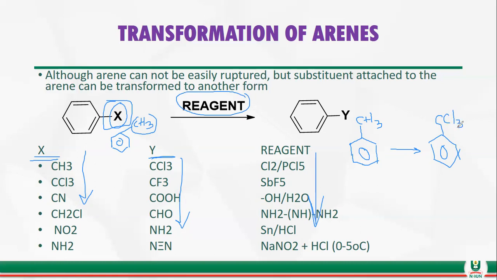What I'm saying is that the reagent you will need to use to treat this is chlorine gas or phosphorus pentachloride. So that's the essence of this. If you are treating CH3, which is methyl group, as your X, and you want to get CCl3 as your Y, the reagent you will need to use is this.